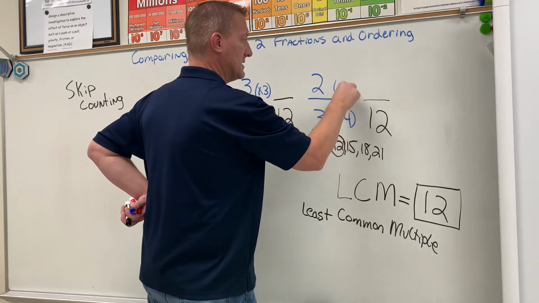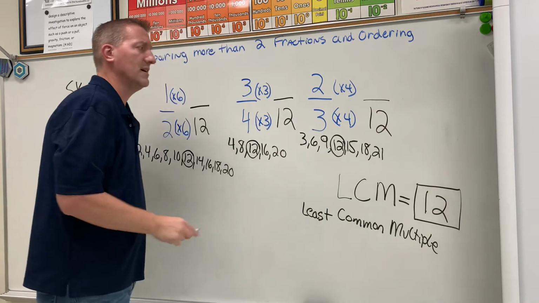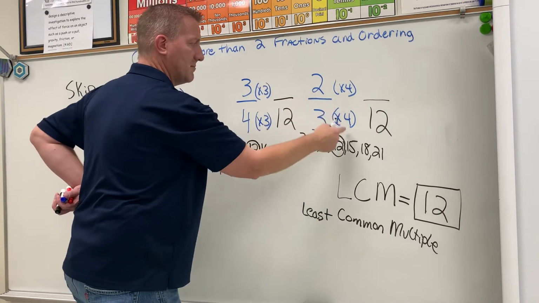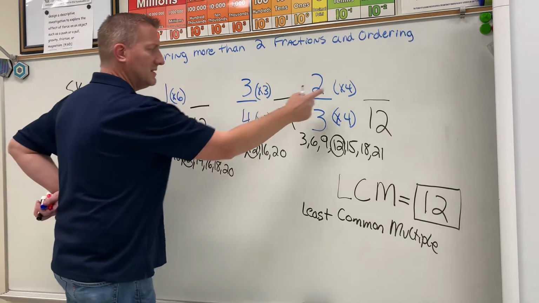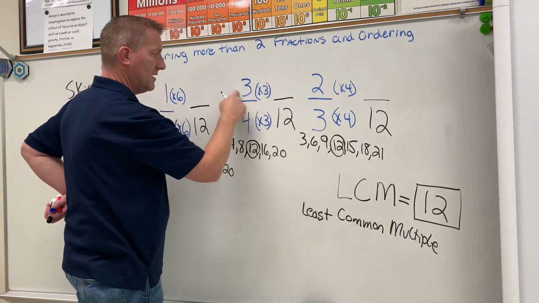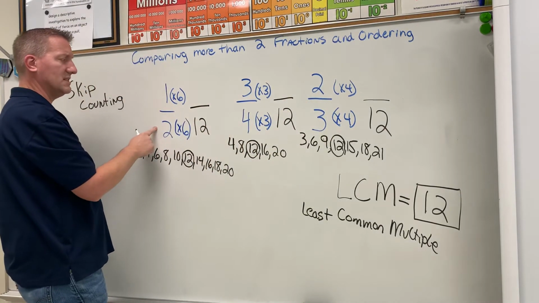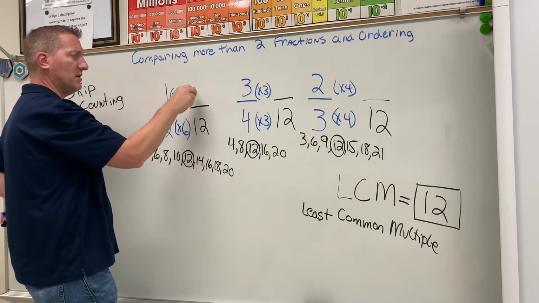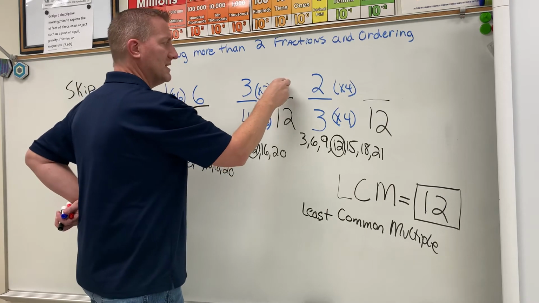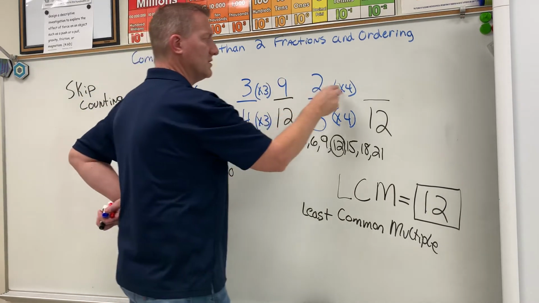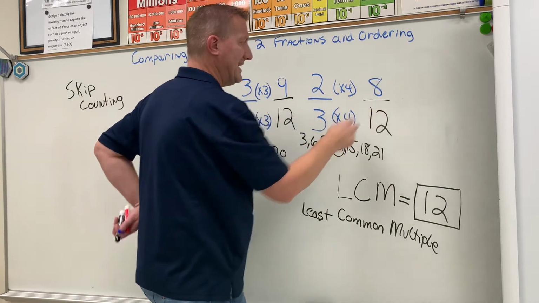So I multiply the numerator by the same thing. Notice I use the same number to multiply on each one of these. So now I can just multiply them, right? 1 times 6 is 6, 3 times 3 is 9, 2 times 4 is 8.